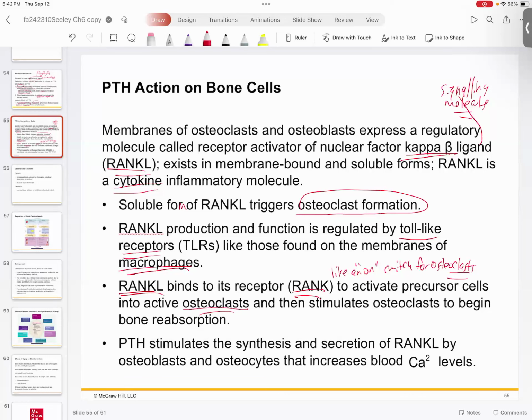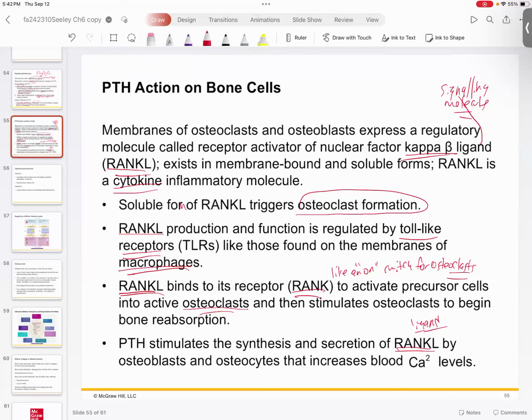So where PTH comes into play is PTH will stimulate the synthesis and the secretion of this RANKL ligand. And so this will be secreted by osteoblasts and osteocytes, and that'll increase your blood calcium levels.